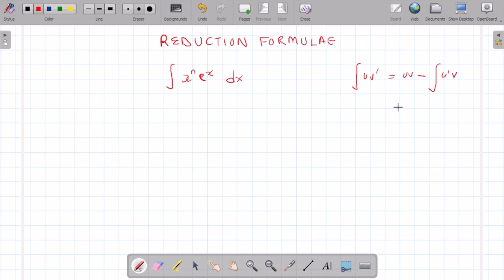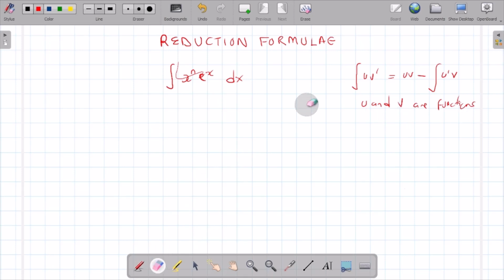This is the formula we're going to use. In this case, u and v are two functions that are differentiable at least once.